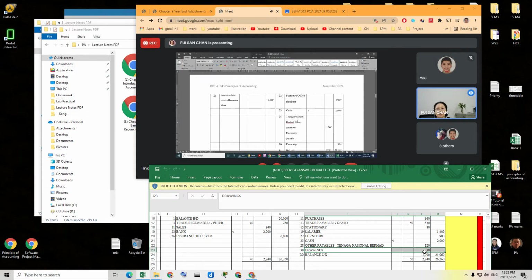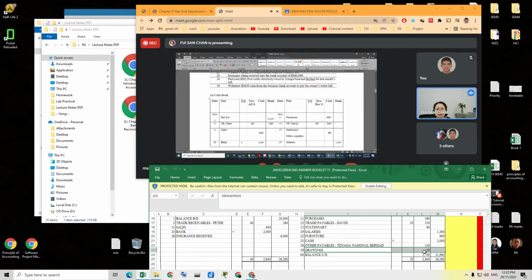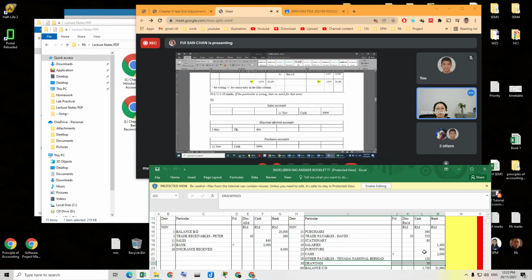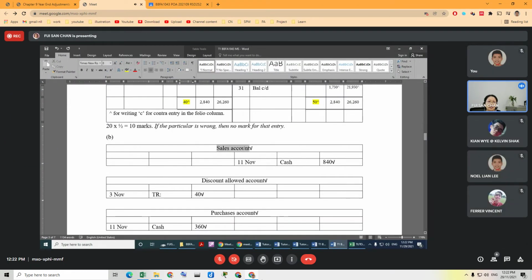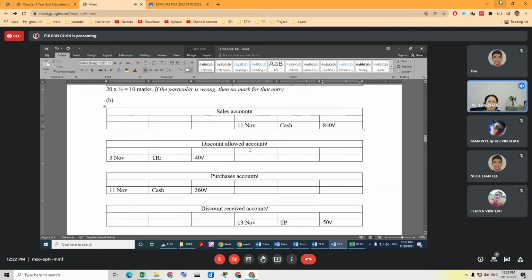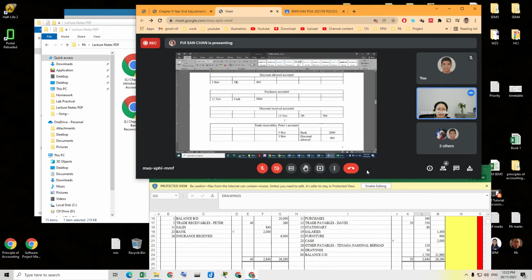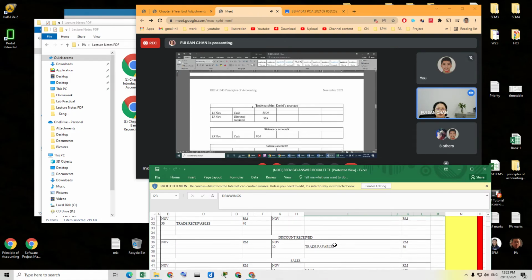Okay, so after you have done this one, based on this answer, then you should do the posting to your ledger lah. So you have sales account, right? The cash sales. Okay, now see the account correct, half mark, number correct, half mark. Discount allowed, purchases, discount received, trade receivable Peter, then we have trade payable.